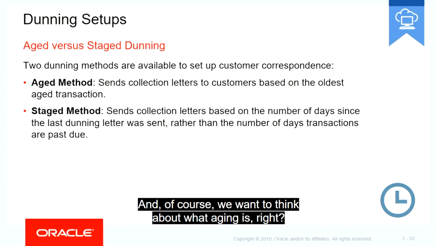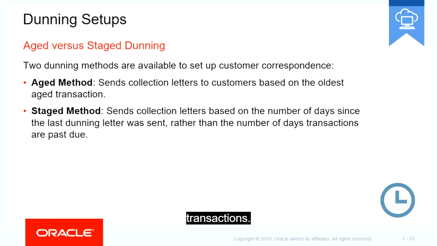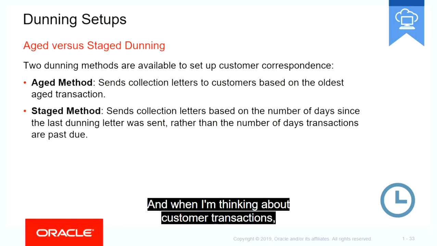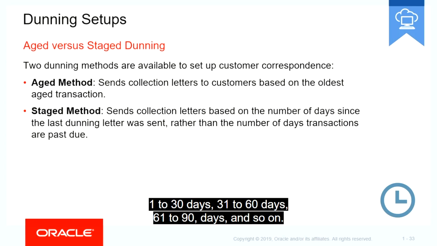And of course, we want to think about what aging is. Aging means that you're going to be looking at the balances of the customer transactions. And when I'm thinking about customer transactions, I'm thinking about invoices, debit memos. You're going to be categorizing those balances in buckets of time, 1 to 30 days, 31 to 60 days, 61 to 90 days, and so on.